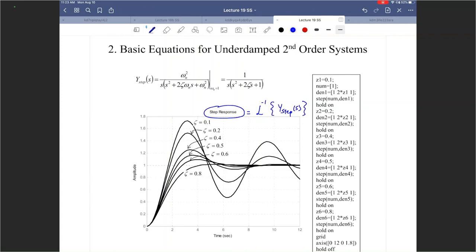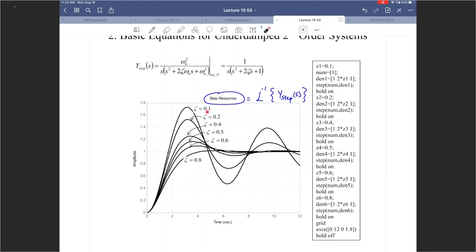If you find the inverse Laplace of that and sketch it for various values of damping factor, you can see that the lower the damping, the more the overshoot, and the decay is much steeper. So this one is going all the way up.